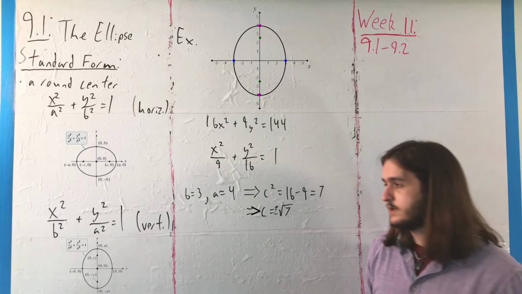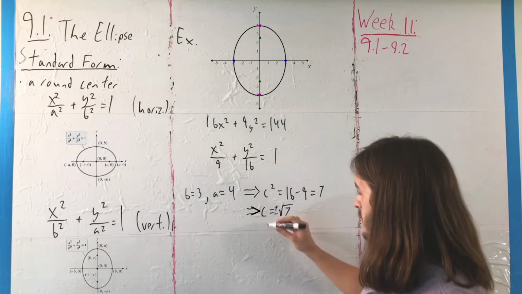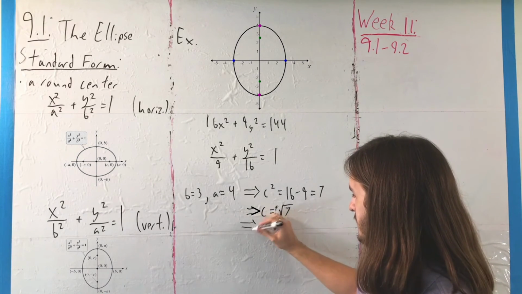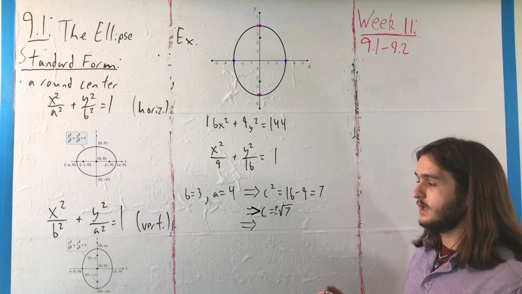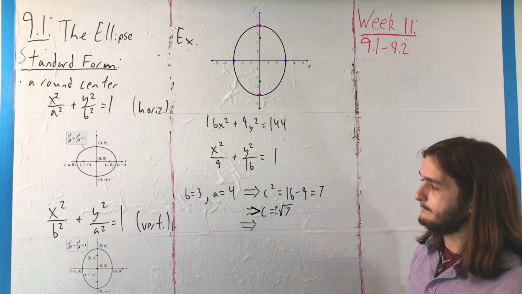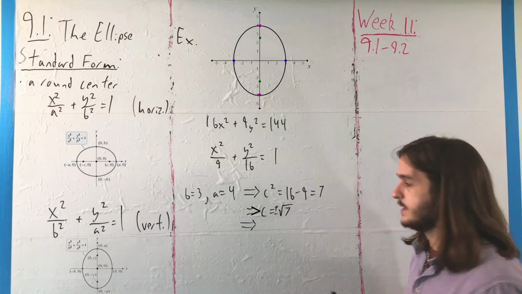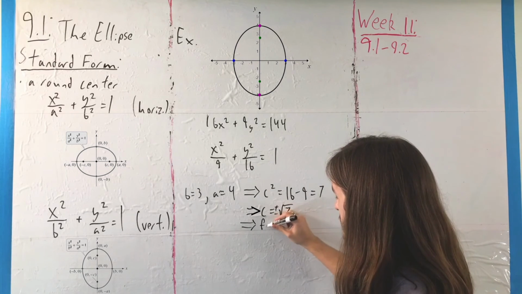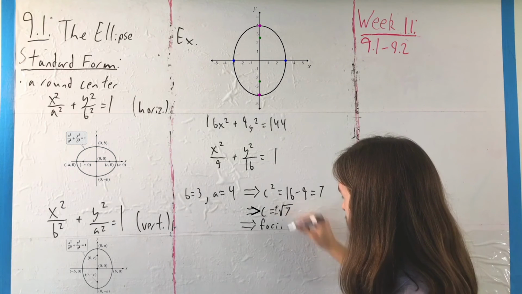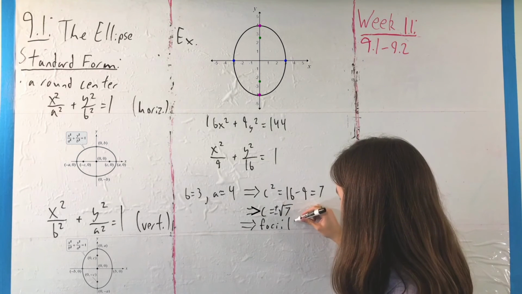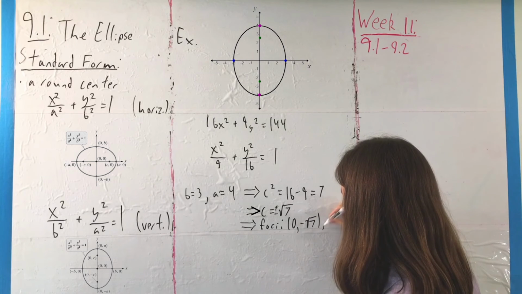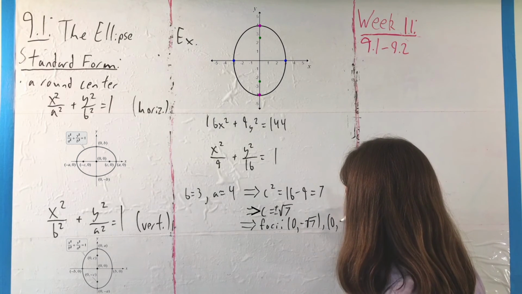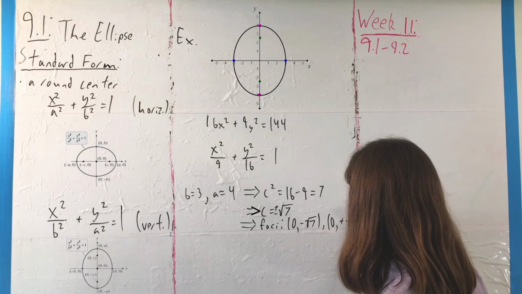And just to be clear about what we have, because c is equal to plus or minus root 7 and we have the major axis along y, that means our foci will be at the points (0, negative root 7) and (0, positive root 7).